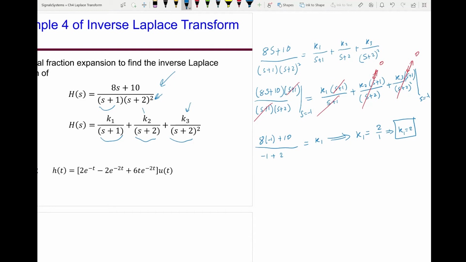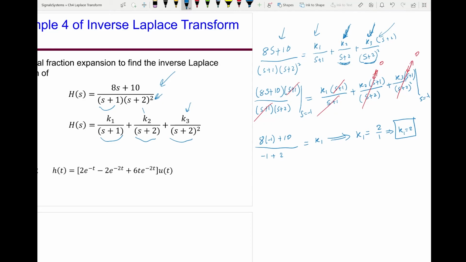Now, should I find k2 first, or should I find k3 first? If you think finding k2 first is the right decision, then that means you're going to multiply every element here by its denominator, s plus 2. But that will not solve the problem for k3, because if I multiply this by s plus 2, the denominator of k2, I'm still going to have a factor of s plus 2, and that will be a problem.